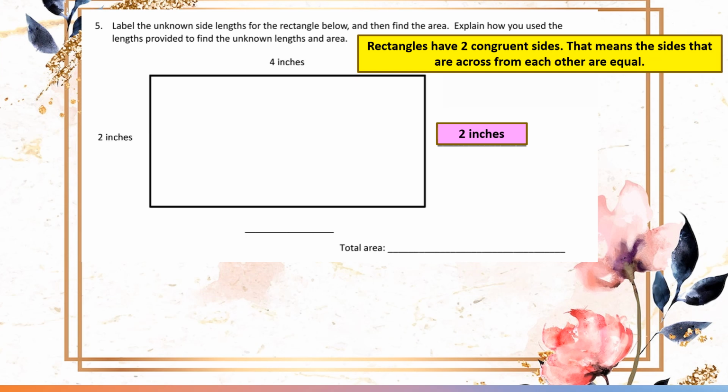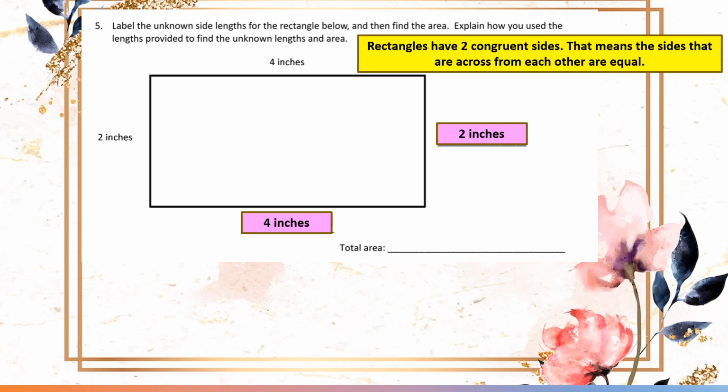And at the top, we have the width, or the wide side, right? So if the wide side is 4 inches at the top, then the wide side at the bottom is also 4 inches. That's what it means to have congruent sides. The sides that are across from each other are equal. They're the exact same. Okay?